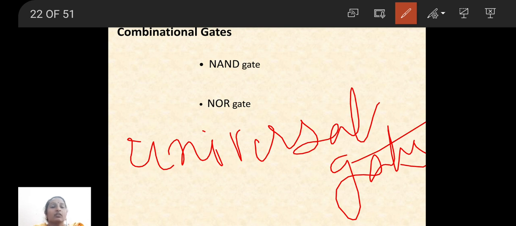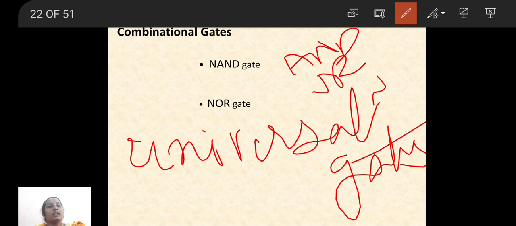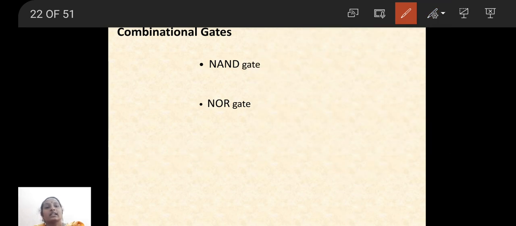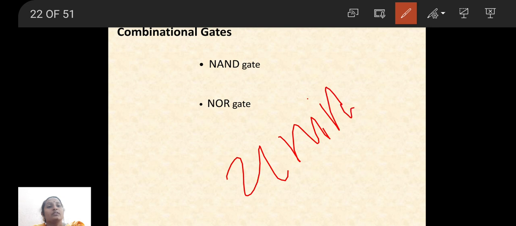By using NAND gate we get the OR function and also the NOT gate. By using NAND, all these three functions can be produced. That's why these gates are also called universal gates.